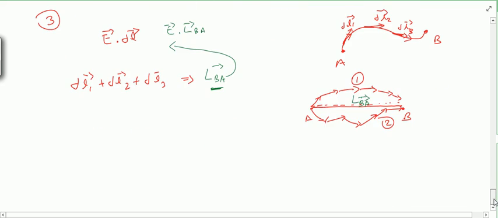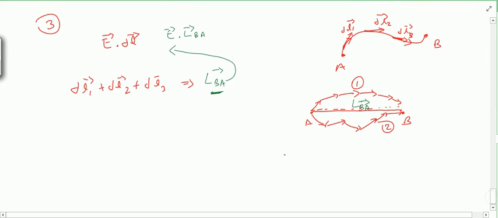That's why the work done, minus Q integral A to B E dot dl, ultimately gives E dot LBA, and for every path I will get the same answer.